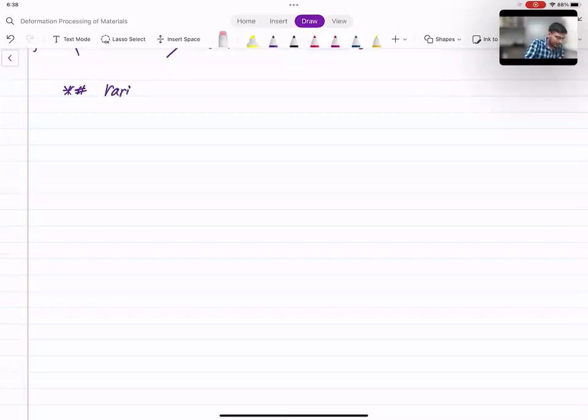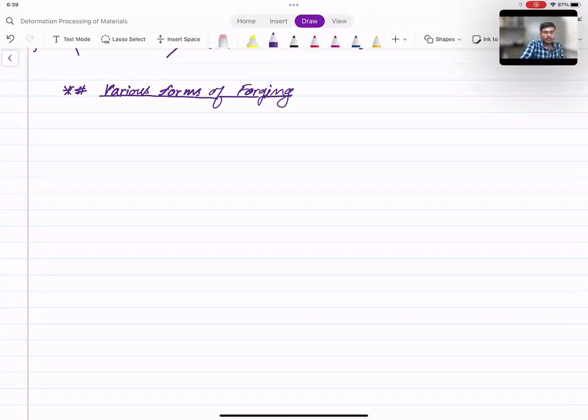There are certain terminologies or names given to the process based on the type of dies used or type of loading, etc. So the very first basic process is known as edging.